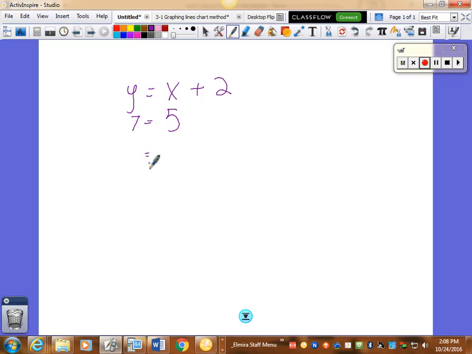I could have x be -8. -8 + 2 would be -6. X could be 100. Okay? 100 + 2 would be 102. X could be a decimal. 4.5. 4.5 plus 2 would be 6.5.